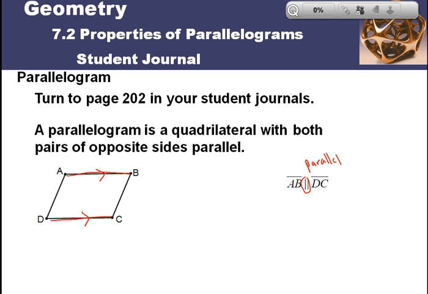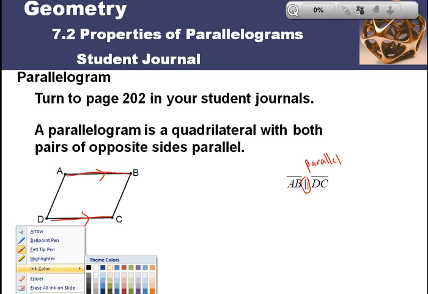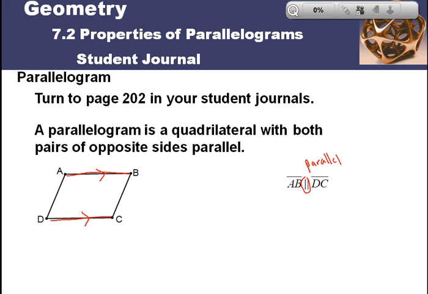Now we said both pairs of opposite sides need to be parallel. So what's another pair? I'll do blue. So another pair would be side AD, and I've lost my cursor. Let me find my cursor. There it is.